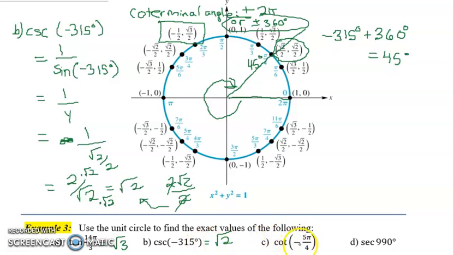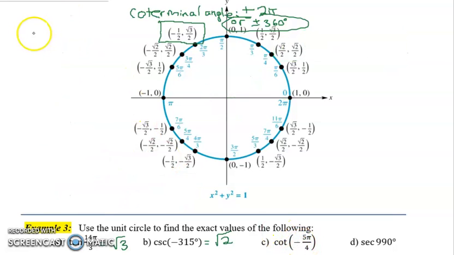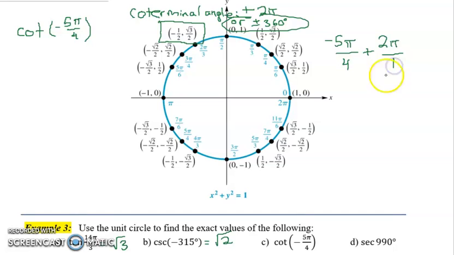Okay, so continuing over to this cotangent of negative 5 pi over 4. So here again we have a negative angle. We'd like to find a coterminal angle. We either add or subtract 2 pi since it's in radians. Because it's negative, I know I need to add 2 pi to turn this positive. Right now that's over 1, so we need a common denominator.